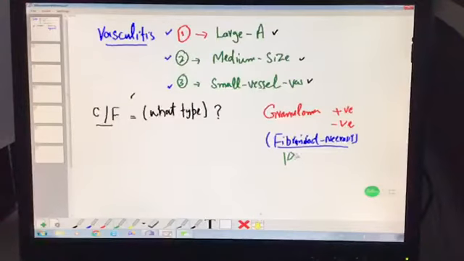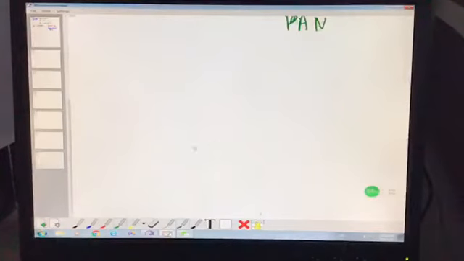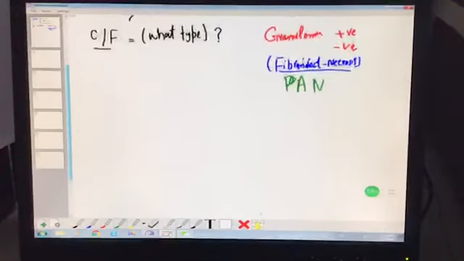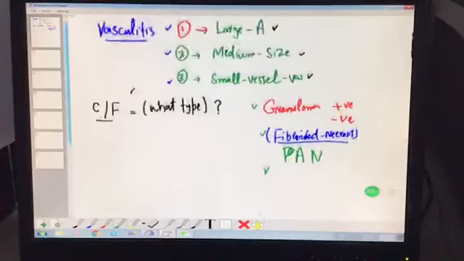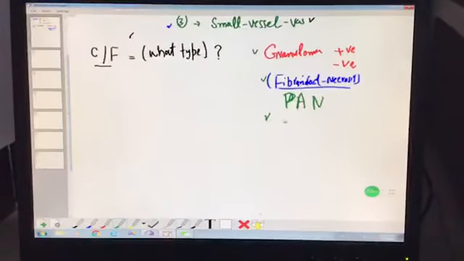When we discuss medium-sized vasculitis, we will cover Polyarteritis nodosa and the fibrinoid necrosis. Another thing: to differentiate these types of vasculitis from each other, we need lab investigation.